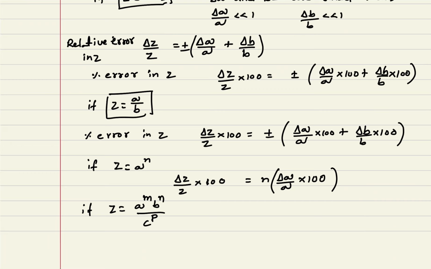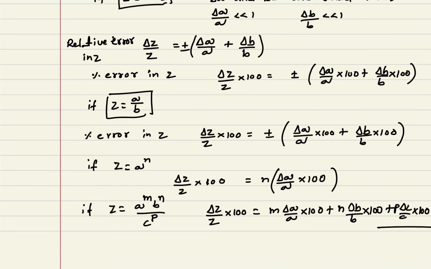If I take Z is equal to A to the power of m, B to the power of n divided by C to the power of p, then the percentage error in Z can be written as m into delta A by A into 100 plus n into delta B by B into 100 plus p into delta C by C into 100.